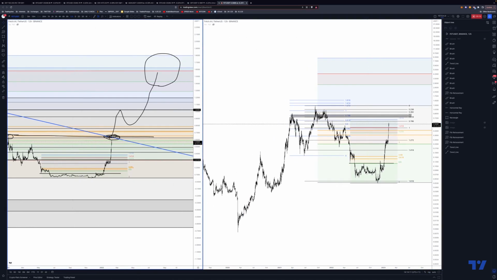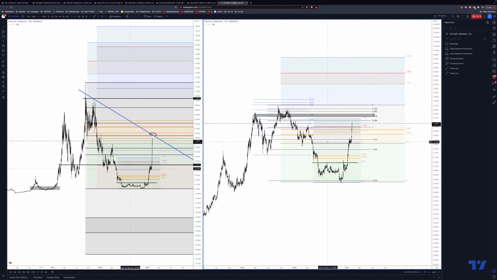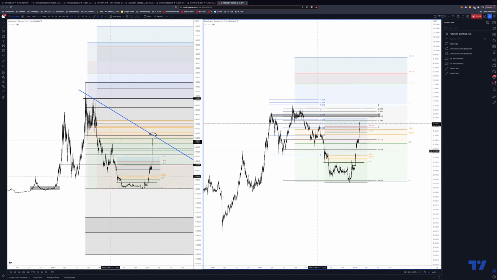Let's just have a look across. As my left side is non-log, this right side is log, so that's why it looks a bit different. Using that, we passed the 0.618 level, which is pretty impressive, and so we are likely to hit this area. Very similar to what I said there.